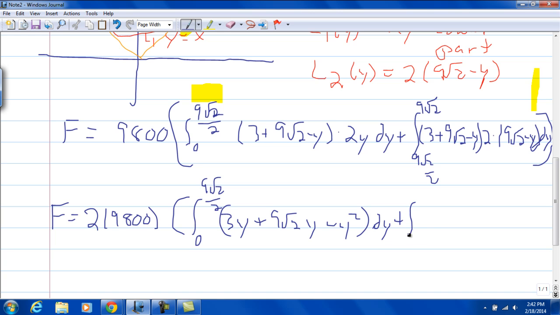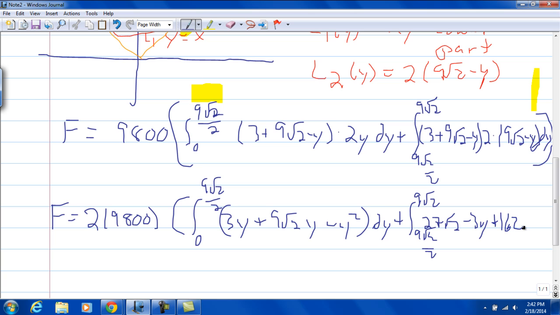Plus the integral from 9 root 2 over 2 to 9 root 2. I brought the 2 out already, so here we have a little more complicated stuff. 3 times 9 root 2 is 27 root 2. 3 times y is minus 3y. 9 root 2 times 9 root 2 is 81 times 2, so 162.